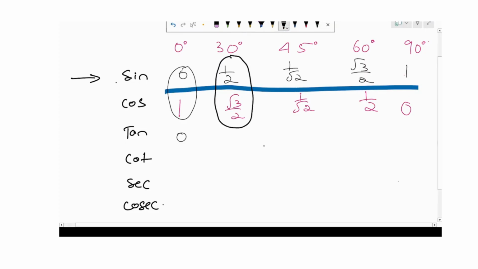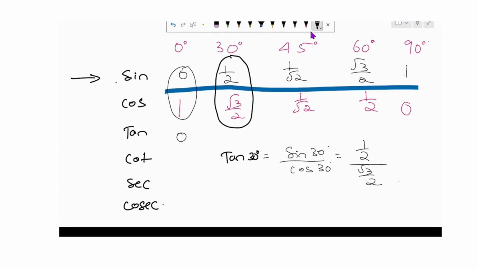Tan 30 is, as I told you all, tan equals sine by cos. So tan 30 is equal to sine 30 by cos 30, that is sine 30, 1 by 2, divided by cos 30.